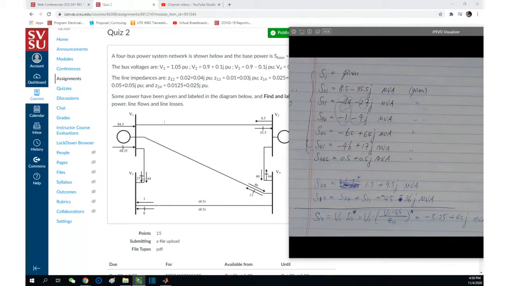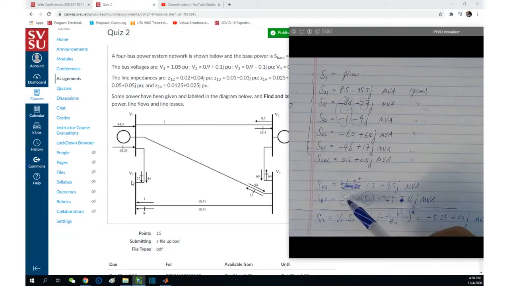You see the power on the right-hand side of bus 3 is towards the left, so the other side of the power, which is S3, is definitely towards the left as well. This is how I judge the direction of the power labeling. That's why sometimes in my calculation I'm using the magnitude, but as you said, we should include the sign here. S34 and S31 have negative signs here, so should the result.